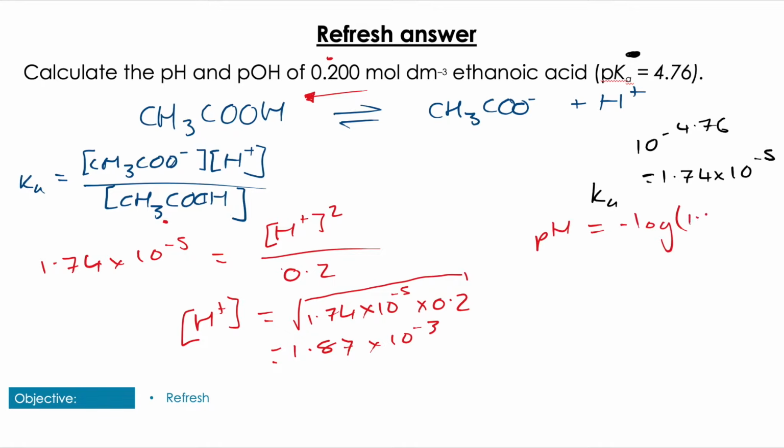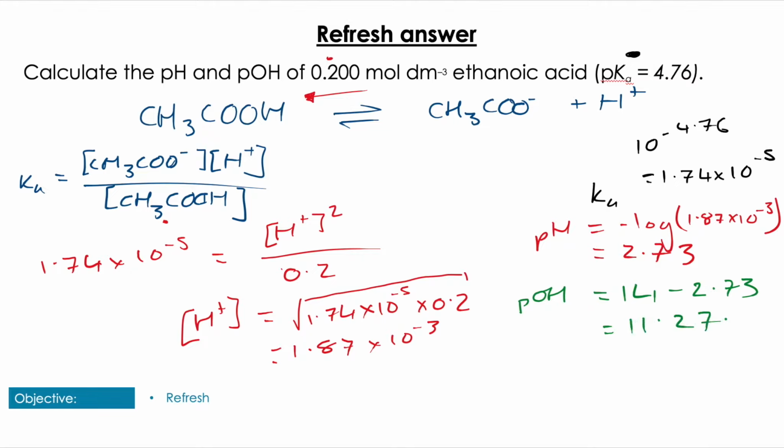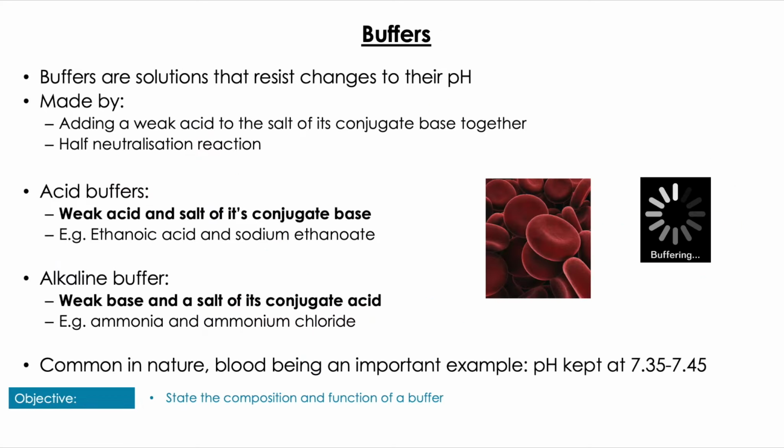All I have to do then, minus log of that, is going to give me my pH, which gives me 2.73. pOH, even easier, 14 minus the pH, which is 11.27. Awesome stuff.